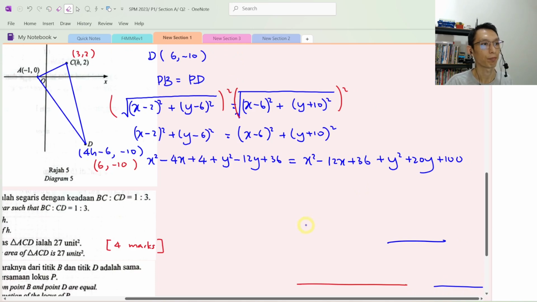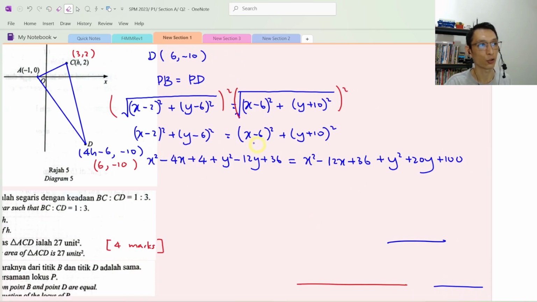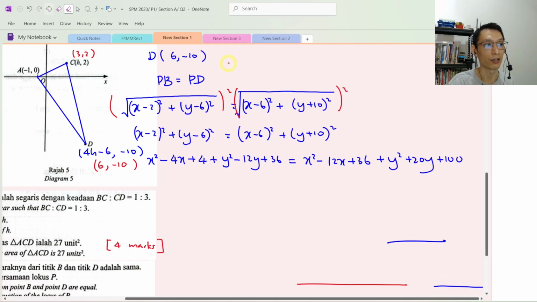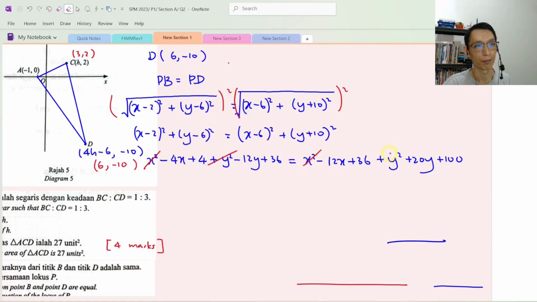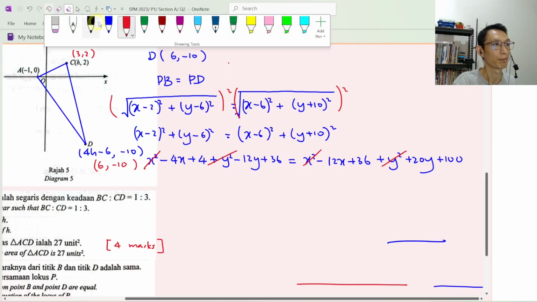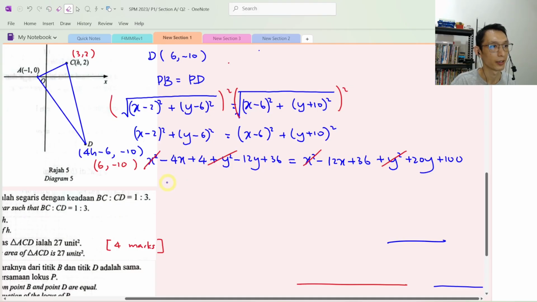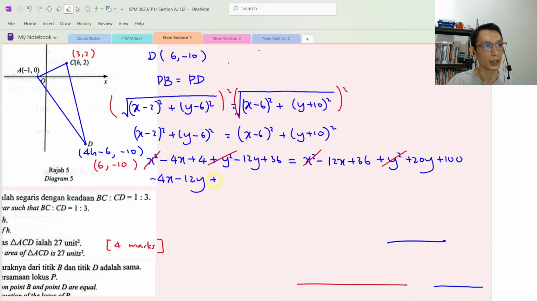Okay. Now we have x squared here, they can cancel out each other. Same thing for plus y squared. Negative 4x minus 12y plus 40.